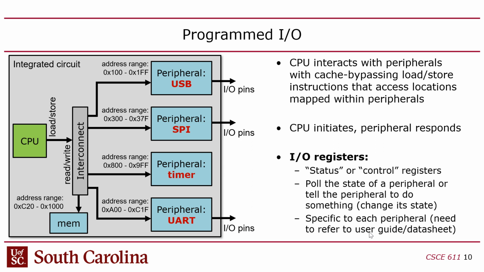Okay, so let's talk about programmed I/O a bit, because we're going to be using this. I mentioned that the CPU basically just uses load and store instructions to specific I/O addresses. And again, if you use those I/O addresses in Linux, it'll just crash. It'll give a seg fault.